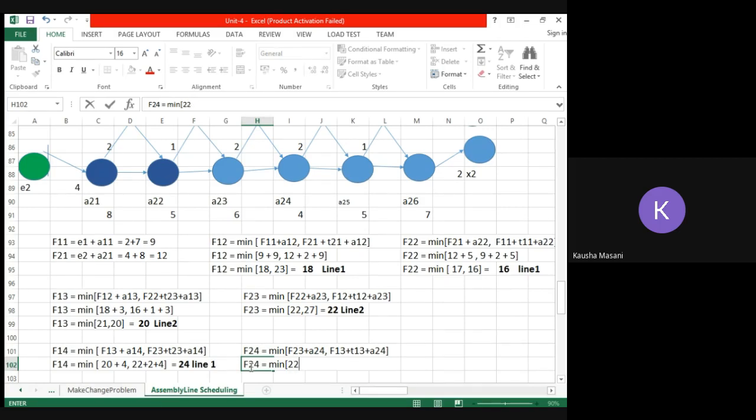No, it's 22, plus A24, which is 4, comma, F13 which is 20, plus 1 plus 4. The minimum value out of 26 and 25 is 25, from line 1.